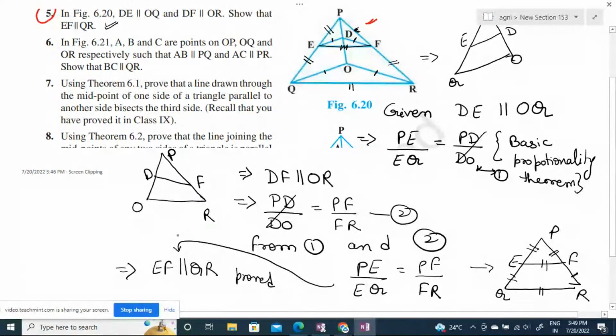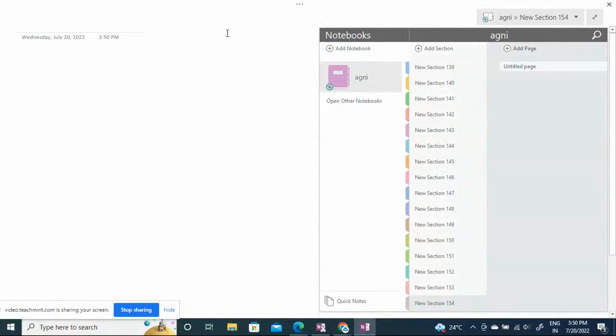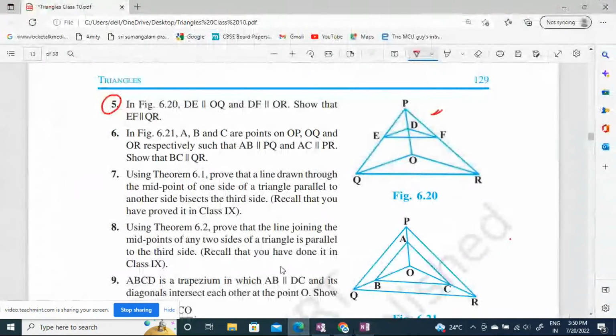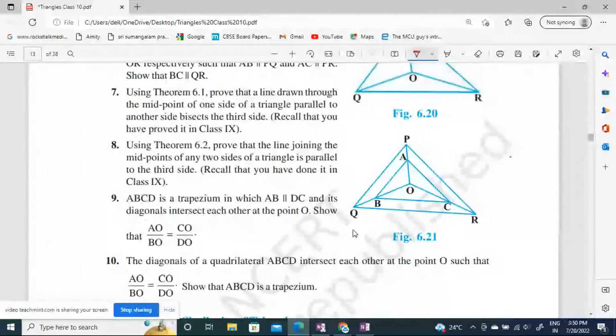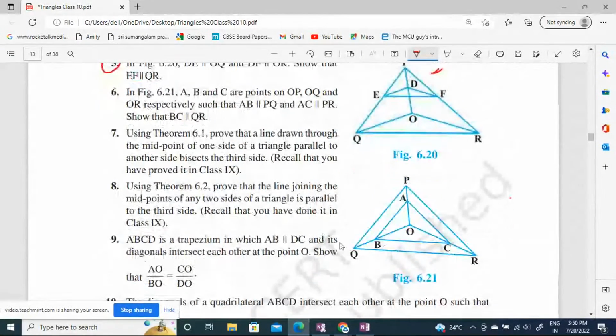Now next question, question number 6. We have a figure also. So I have shifted to the exercise. Question number 6. This is the figure.